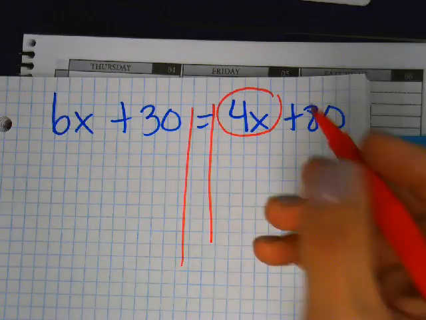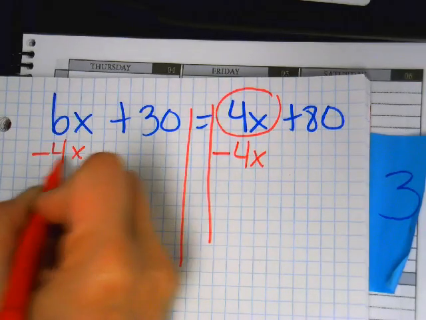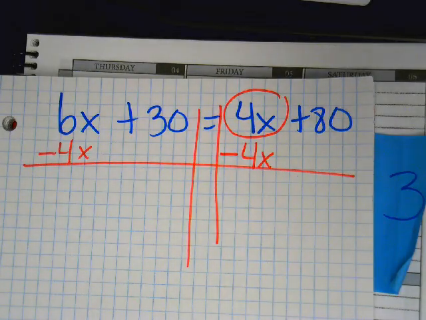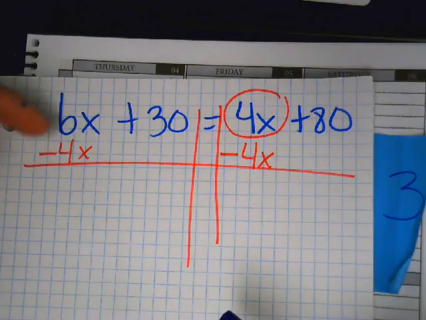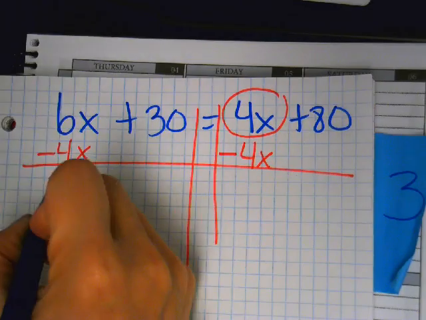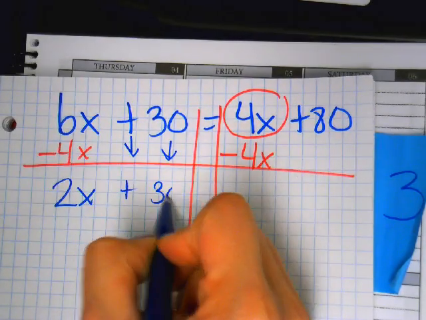Minus 4x, minus 4x. What's 6x minus 4x? Another 2x. Then you bring down the plus, bring down the 30 is equal to.